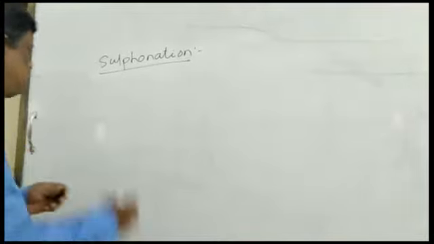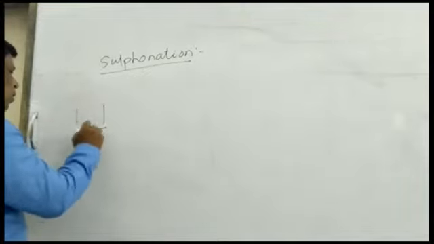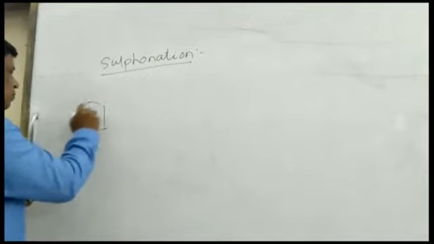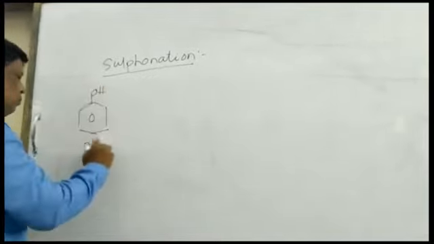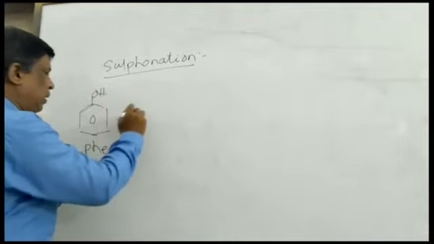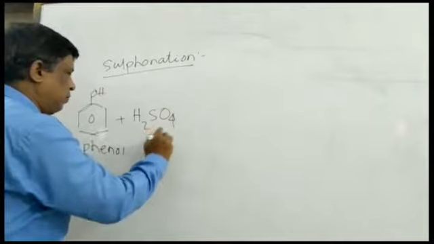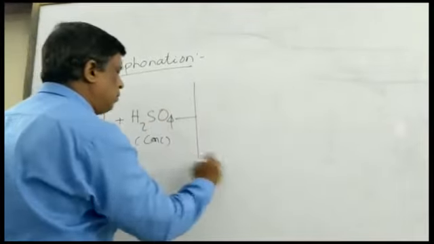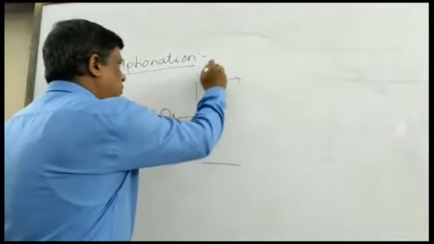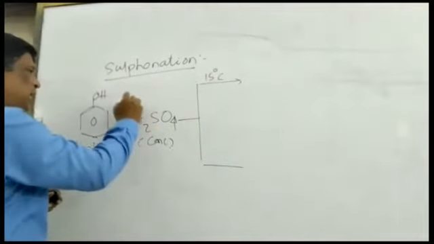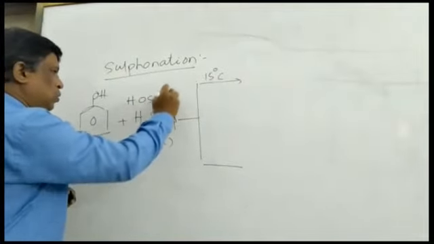Mark the equation. Phenol treated with concentrated sulfuric acid, H2SO4, we rewrite as HOSO3H.